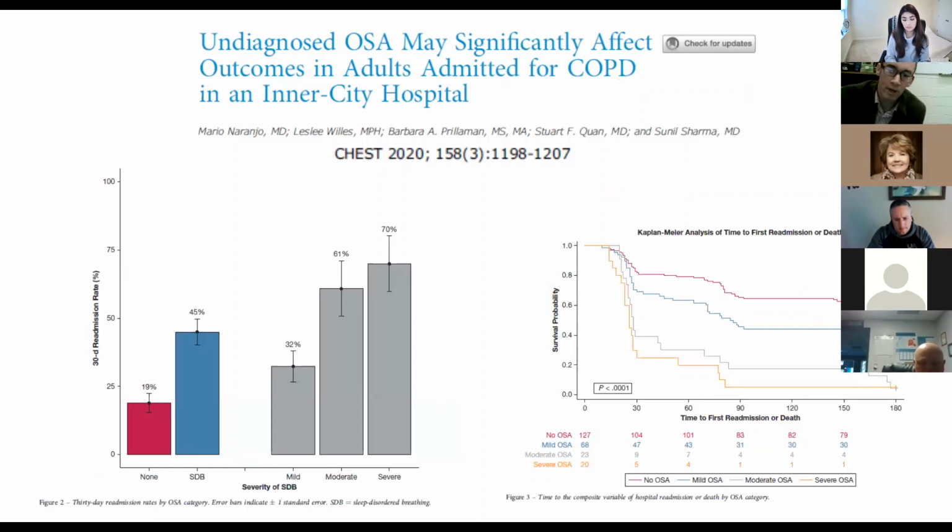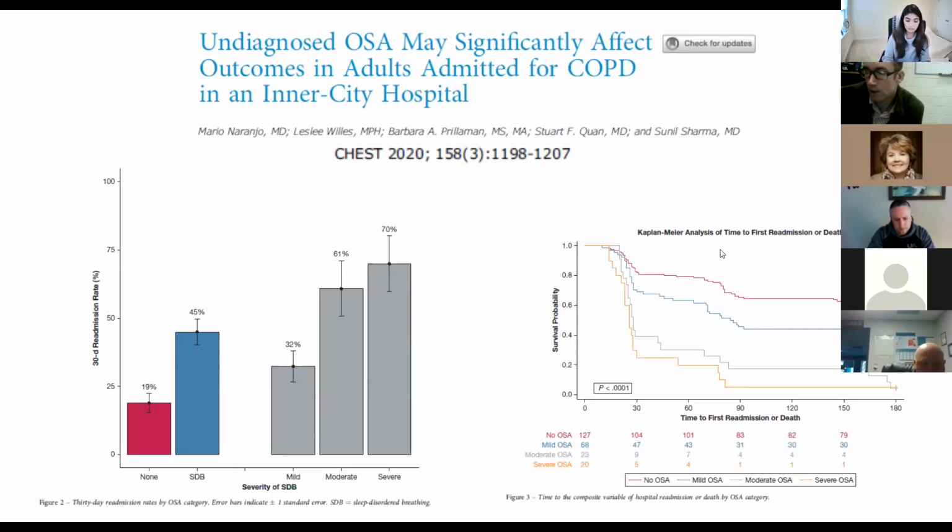And when they followed them up, you could see the 30-day readmission more than doubled if you had sleep disordered breathing. These were patients who were readmitted for a COPD exacerbation. It seemed like this was driven a lot by uncontrolled, untreated sleep apnea. And the more severe your sleep apnea was, the higher likelihood of your readmission.